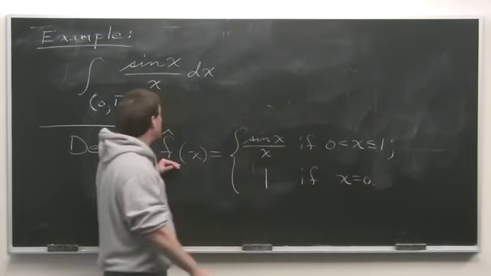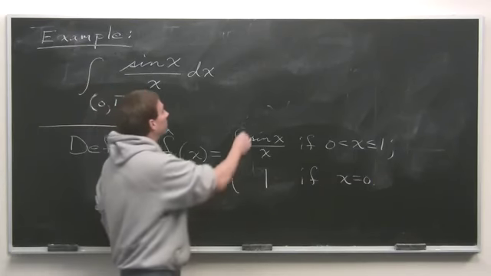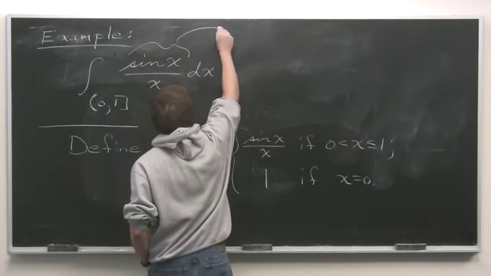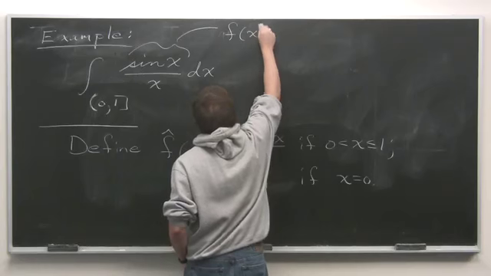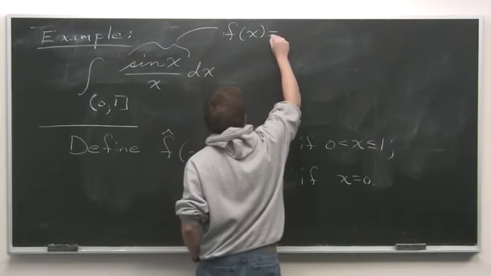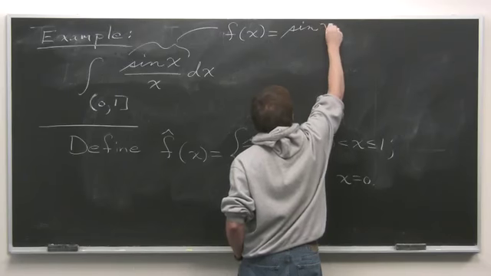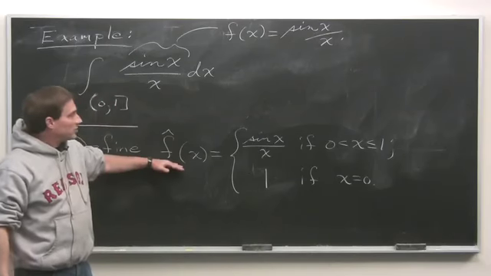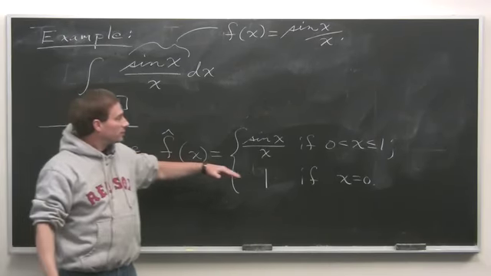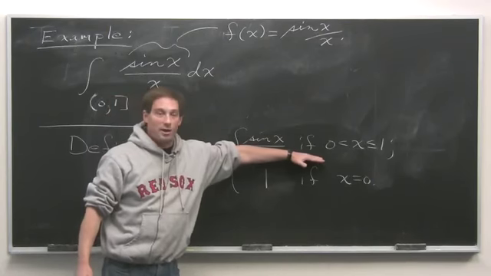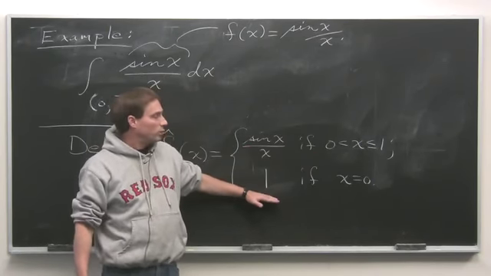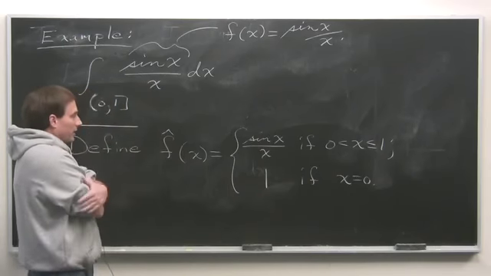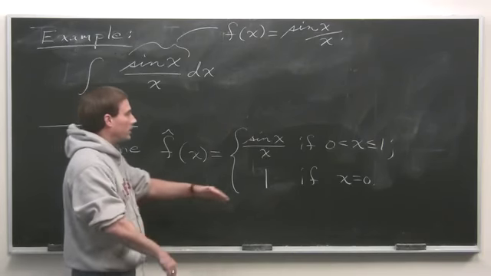This is called an extension of f. I haven't written what f is, so here f of x would be all of sine of x over x. And this kind of function is called an extension of f. It equals f where f is defined, but we went ahead and defined it at some other places. And we get to pick how we define it. So I picked it to be 1 at x equals 0.